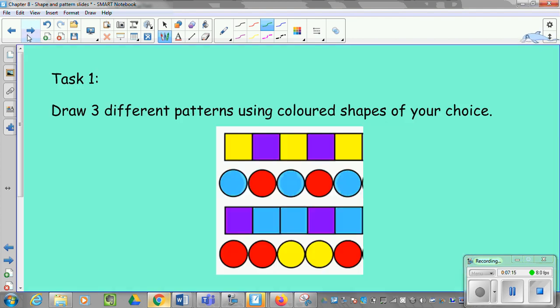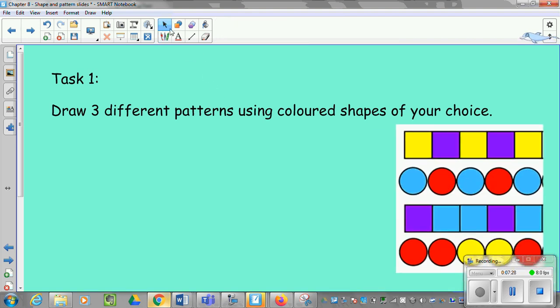And then I want you to have a go for your second task to draw different patterns using coloured shapes of your choice. Now the first time that you draw your coloured shapes, I want you to have a go at drawing them freehand. That means without drawing around anything or without using a ruler.